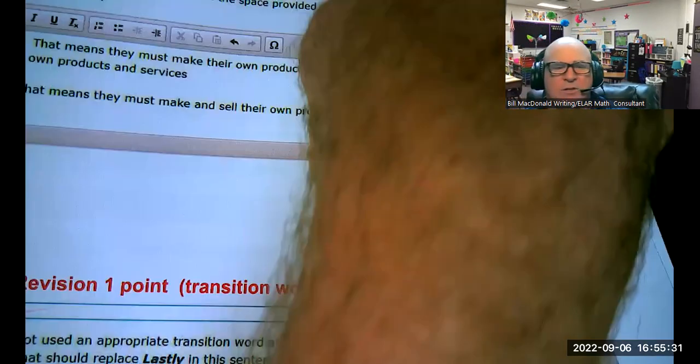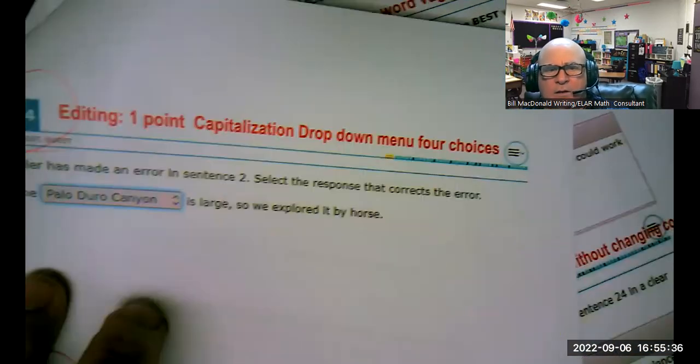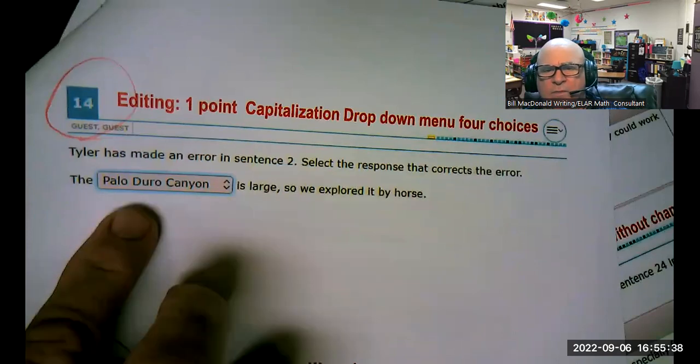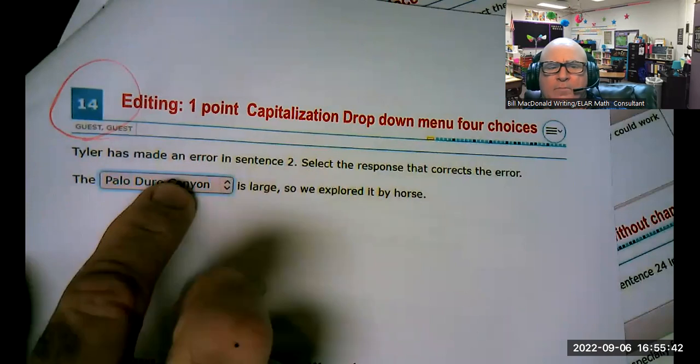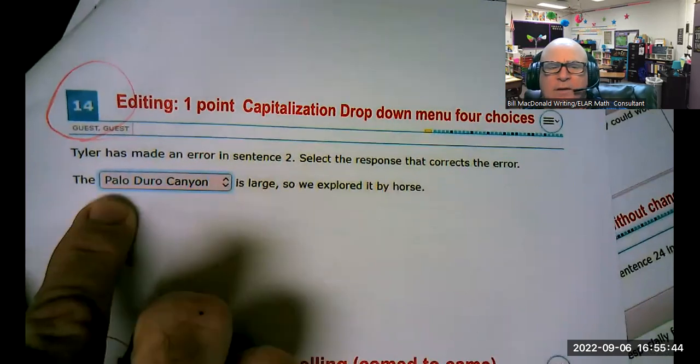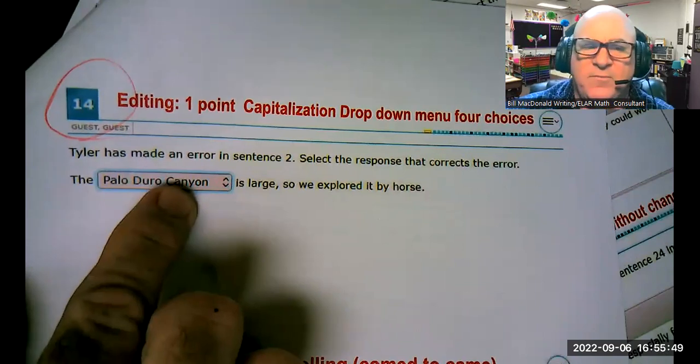And my last two, an error, keyword error that corrects the error, because that is a proper noun, because it's the name of a specific place, a specific canyon.